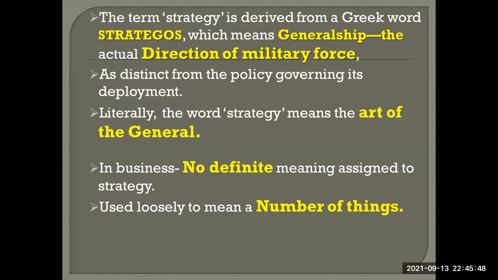So strategically we are deploying our military to the eastern border, similarly to the western border. Suppose there is a threat from terrorist activities from Pakistan, so we deploy more military force, or our fighter aircraft, to the western border.